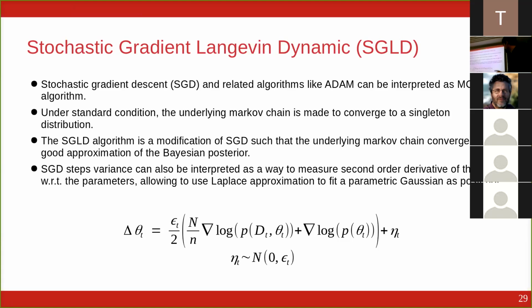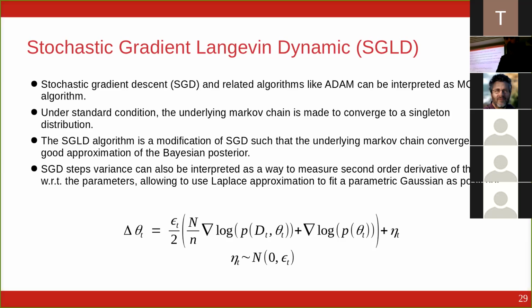This is also quite easy to implement in traditional deep learning frameworks, but it has one major problem. It will give you samples that are more and more correlated.